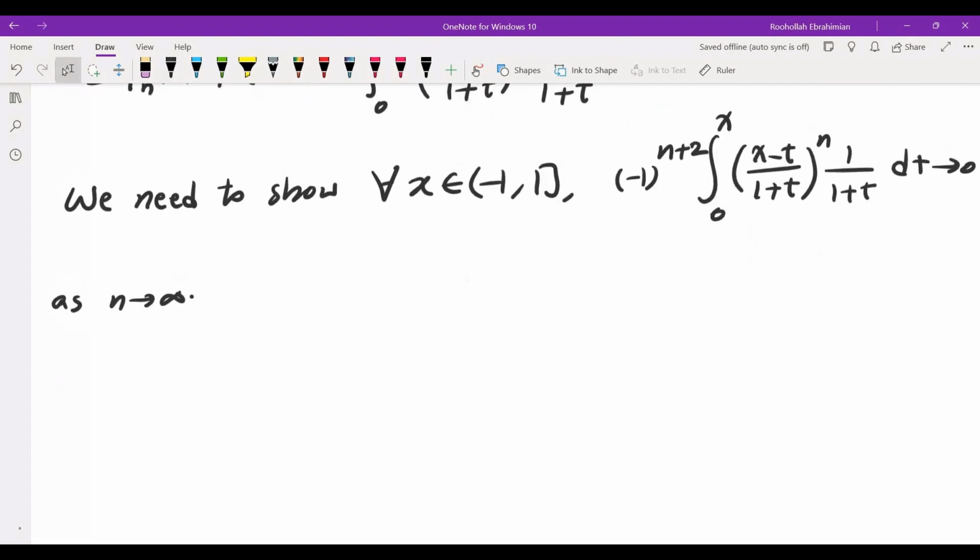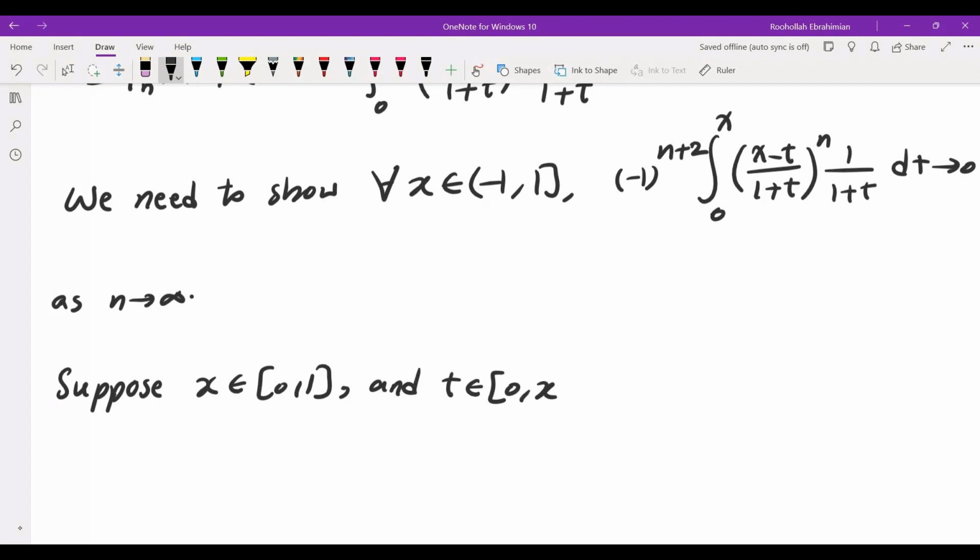If you look at that expression, I'm going to take two cases. The first case is x is positive. So suppose x is between 0 and 1 and t is between 0 and x.